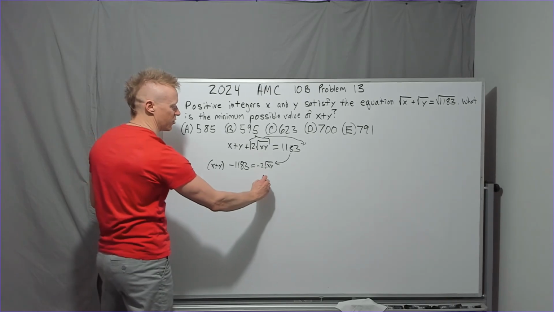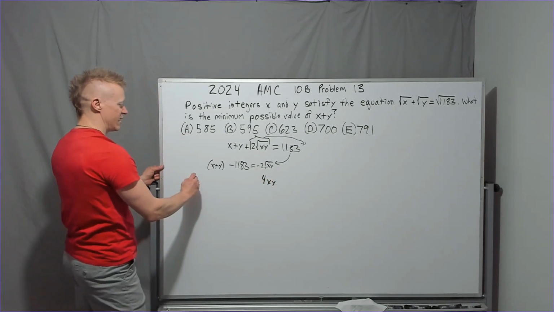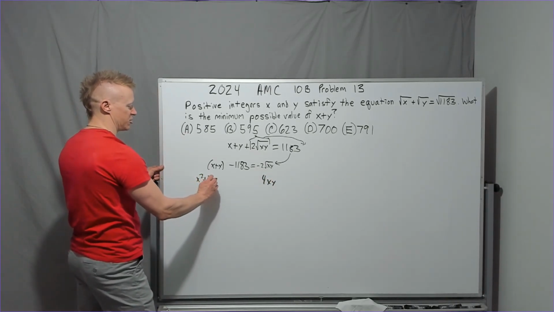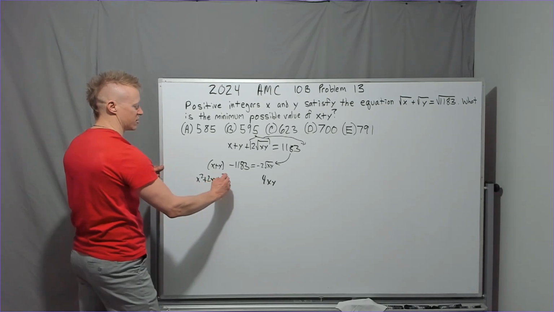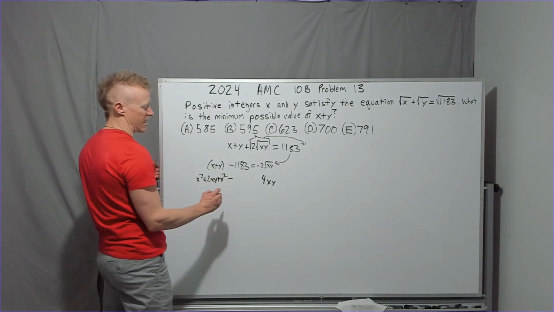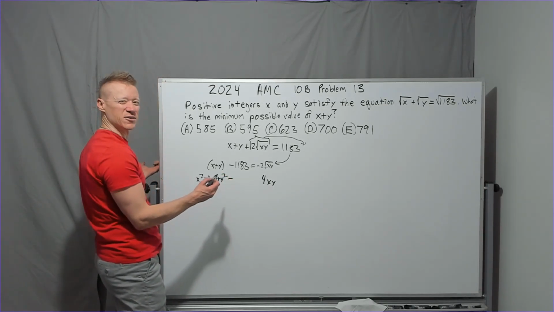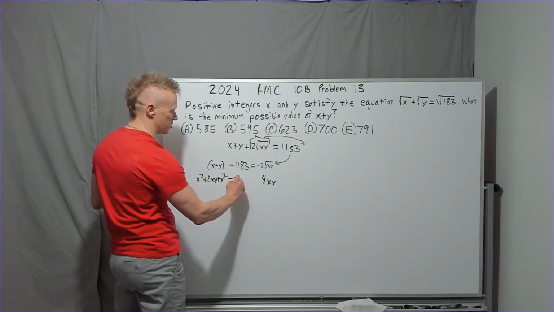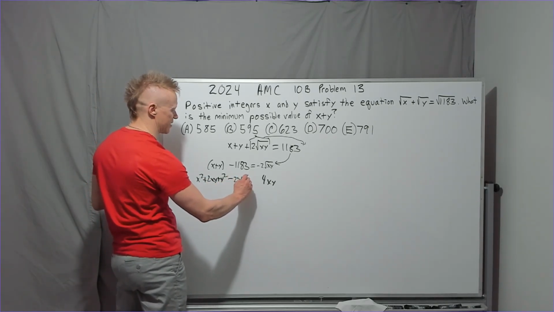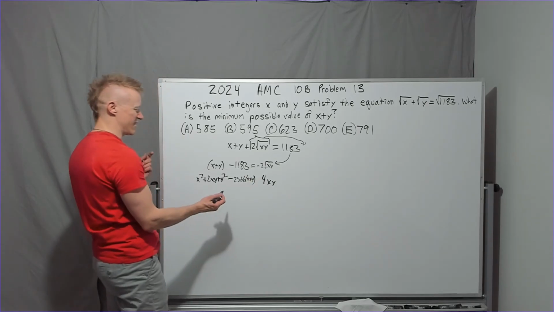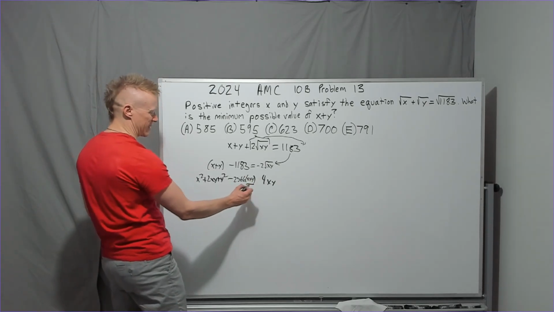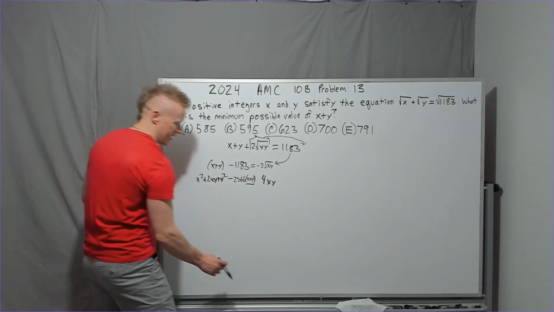So you're going to get 4xy over here. Here you're going to get x squared plus 2xy plus y squared minus 2366 times x plus y. And I thought, maybe this isn't so bad. We've got the thing we want here.